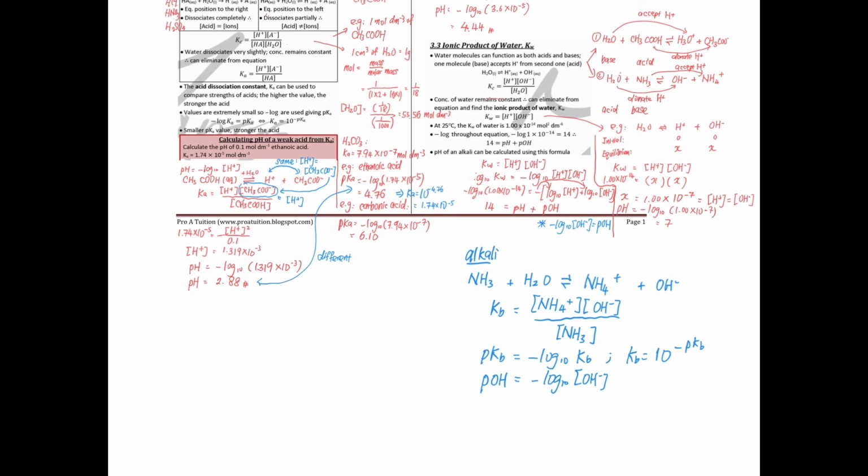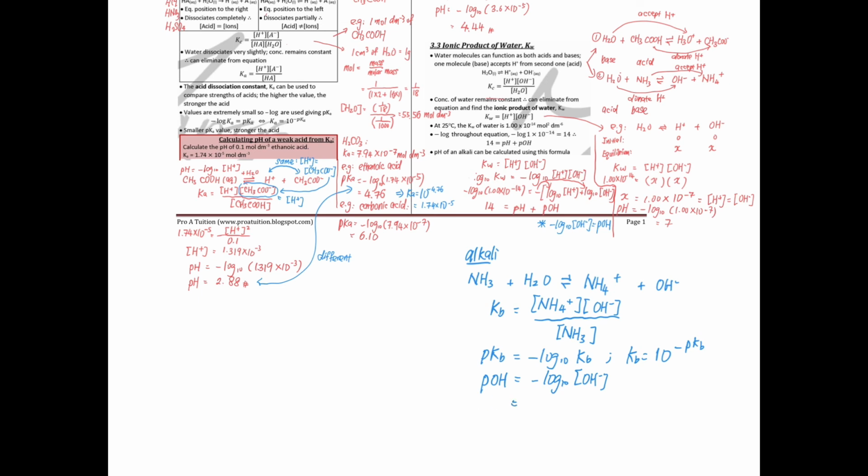Once you have pOH for alkaline, then we can use the formula that we learned just now, 14 equal to pH plus pOH, to find out the pH of alkaline. I write it down here so that you have a set of formulas for alkaline.